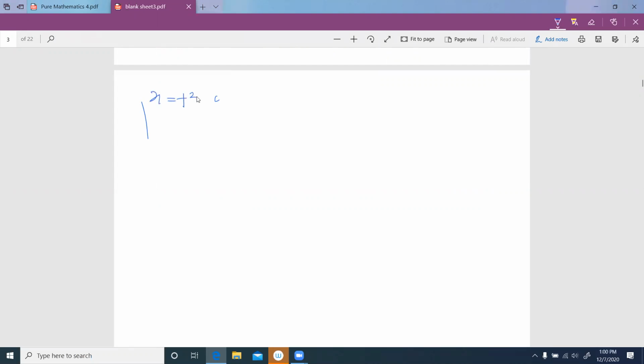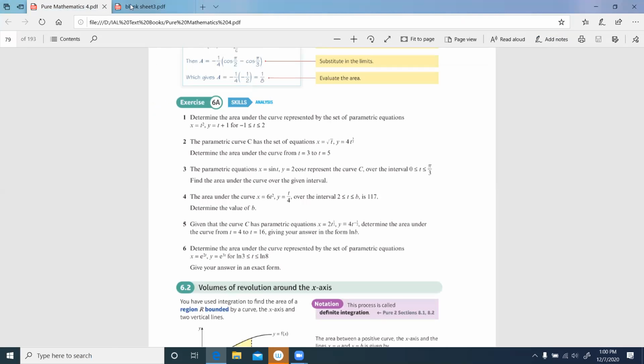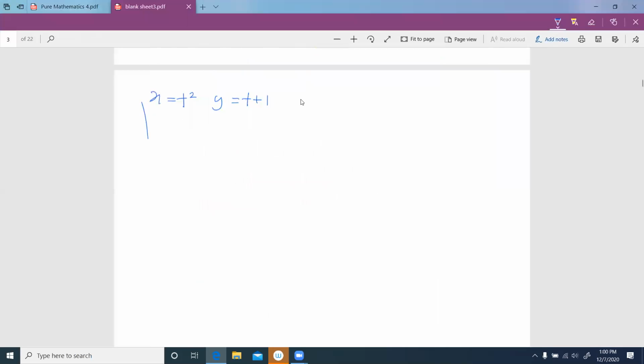Then t goes from minus 1 to 2. So if you need to find the area of this function, it's integration of y dx. So you can say this is integration of t plus 1 dx. Here the differentiation variable is x while the function is in t, therefore you cannot just integrate like this.